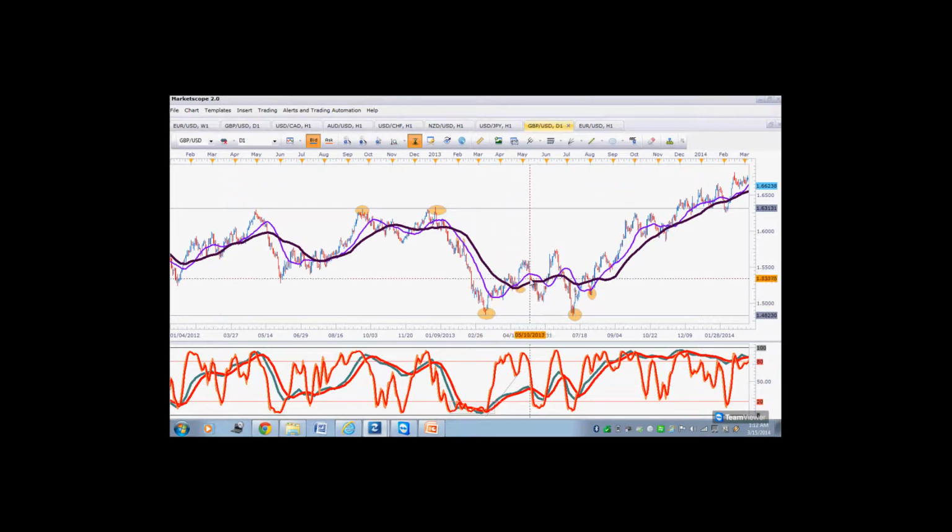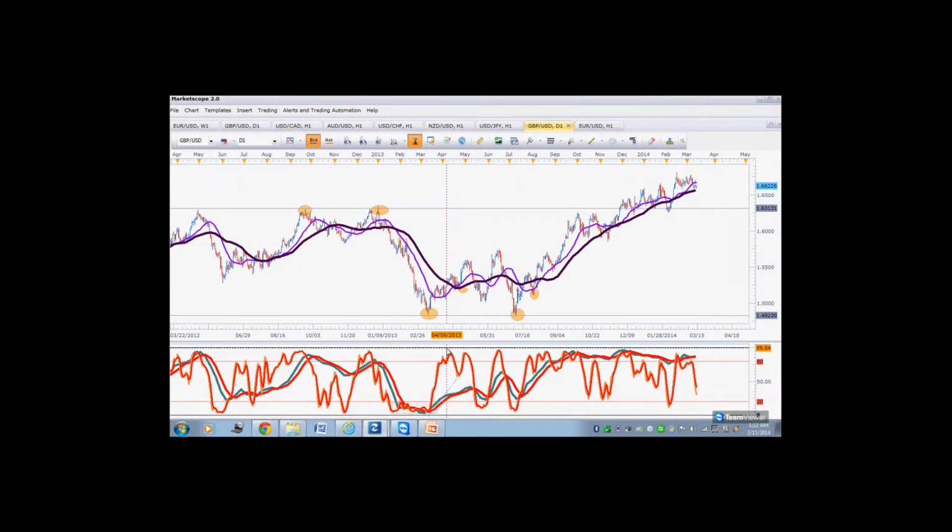So here, after this first wave, there was a correction back below the weekly moving average. You will note that during this cycle of the daily stochastic, when it reached below 20, it was forming a higher low.